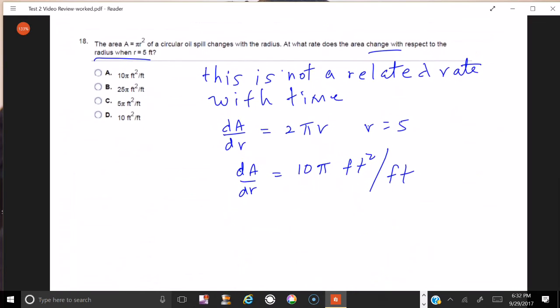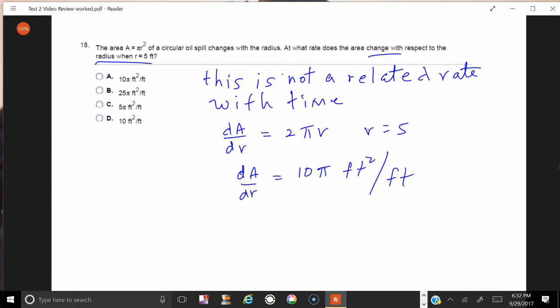Now, we got to the area of a circular oil spill, which is A equals pi r squared. It changes with the radius. At what rate does the area change with respect to the radius? Note this is not a related rate problem with time. It has to do with, as the radius changes itself, how does the area change?